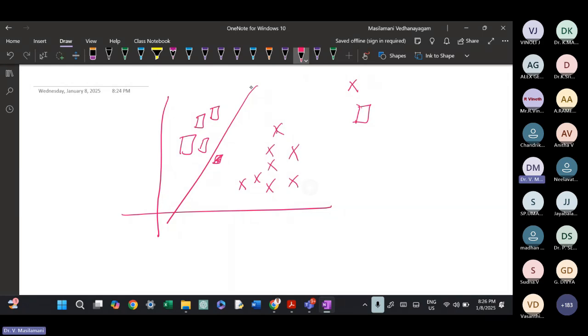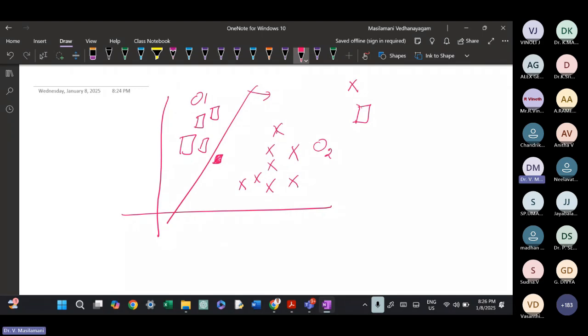According to the model that is built, you will say that this box is X, right? Let's say this is object 1, these are all object 2, right? And you say this box is object 2. Okay, that is incorrect, right? So although the training accuracy is 100%, the testing error has come.